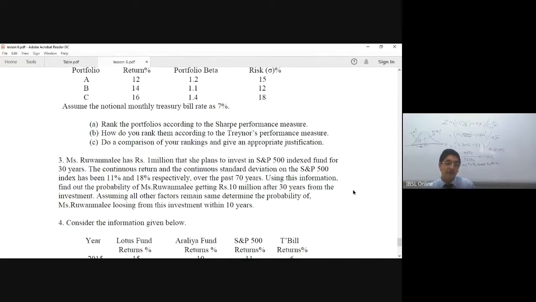And now they talk about a 10 year period, so n will become 10. Others remain the same. Now we can check the probability of losing from the investment in 10 years. Has anyone tried that?